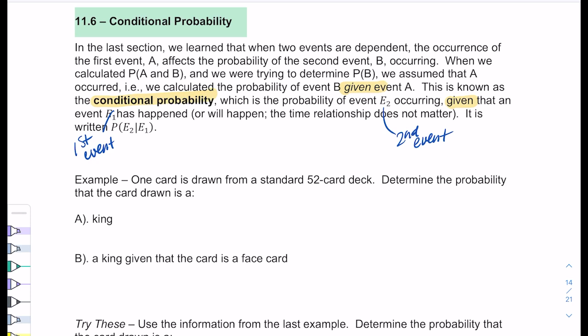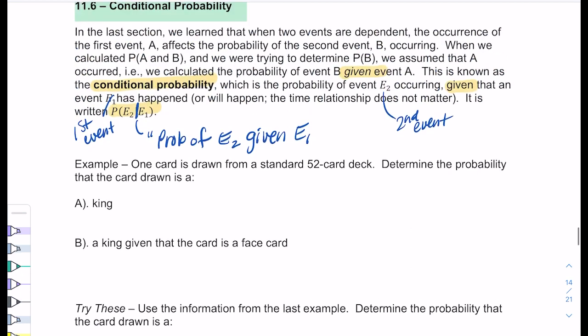The time relationship doesn't matter. And it's written like this. So we would read that as the probability of event E2, and then that vertical bar right there means given, given E1 occurred.